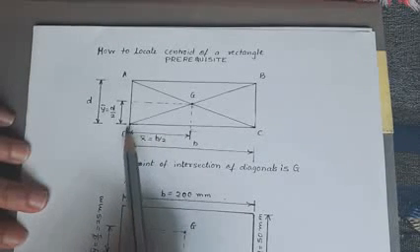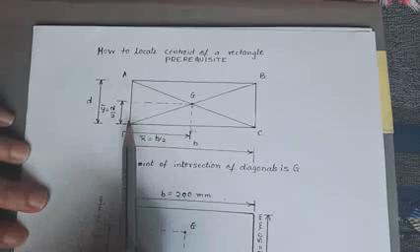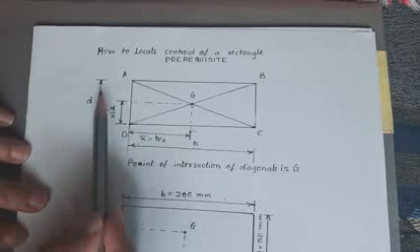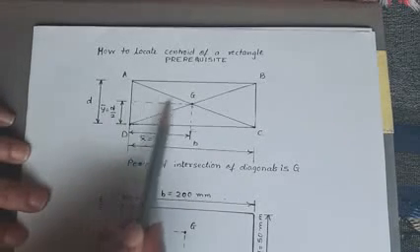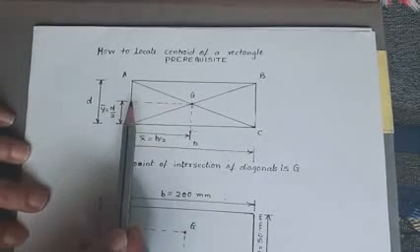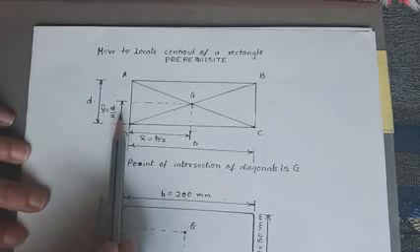So from point D to G, the horizontal dimension is B by 2, and if the vertical dimension is D, then the vertical distance of G from point D is D by 2, and that is y bar.